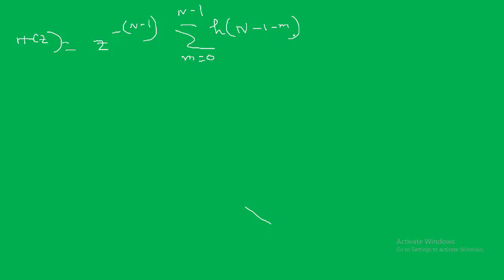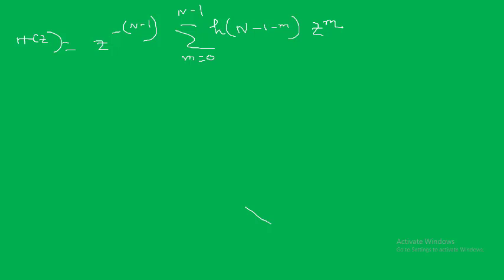So now we can further write H of z equal to z to the power minus (N minus 1), summation over m equal to 0 to N minus 1 of h of N minus 1 minus m, z to the power of m.